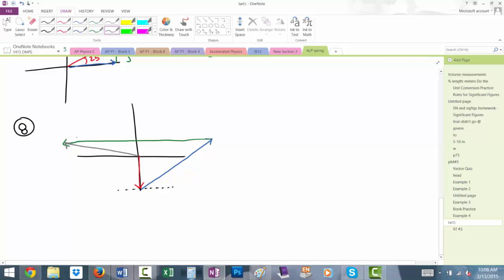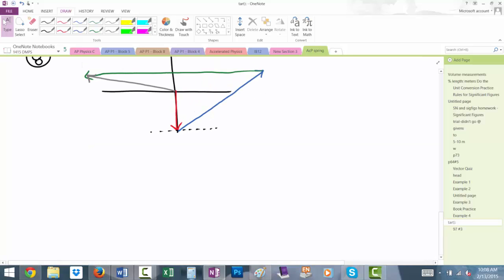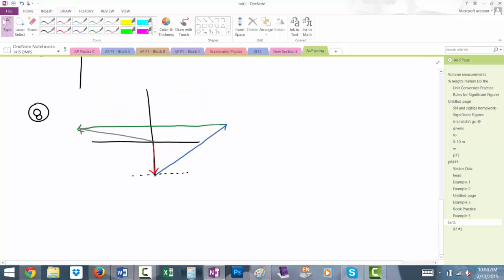So far, so good? And then I think the next thing I would probably do would be to break this thing into an X and Y piece, kind of like we just talked about before. Okay? So that you can figure out how far this is. Because really we want to just look at, whoa, what just happened? It's humongous. It just really wants to be big today. We really want to look at this triangle.